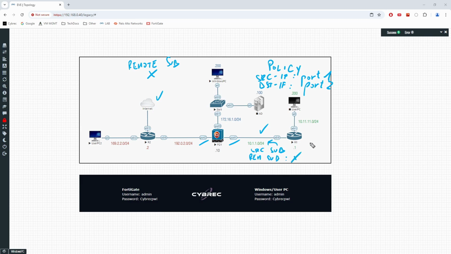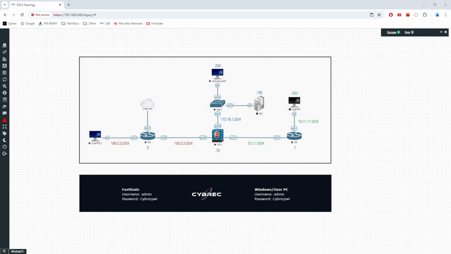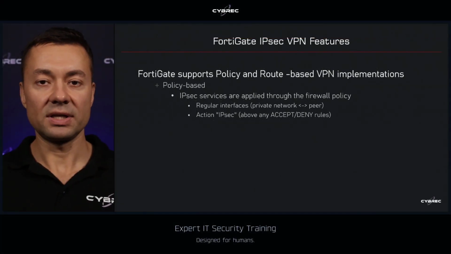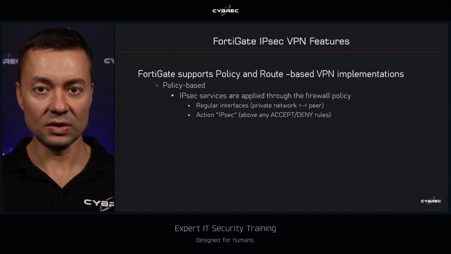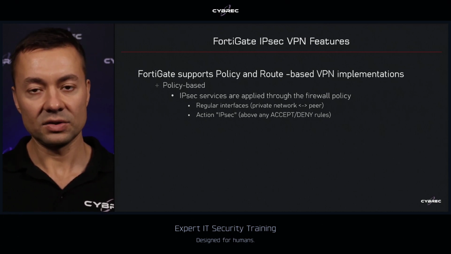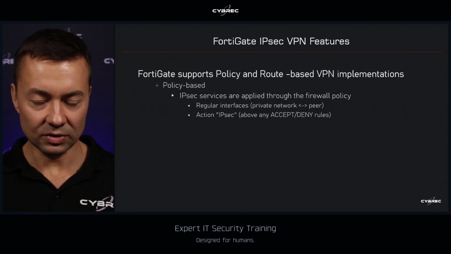And now another important thing is that inside of the actual policy rule, you would use the IPsec action, and not accept, not deny, because the IPsec action is the key distinction between these two methods. The IPsec action basically tells the firewall to apply IPsec services.